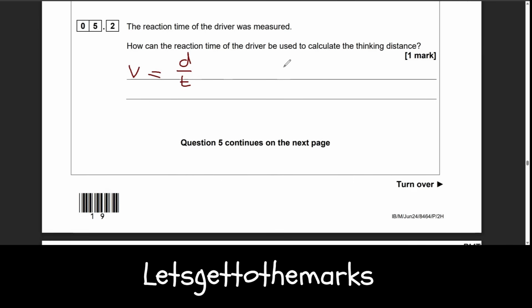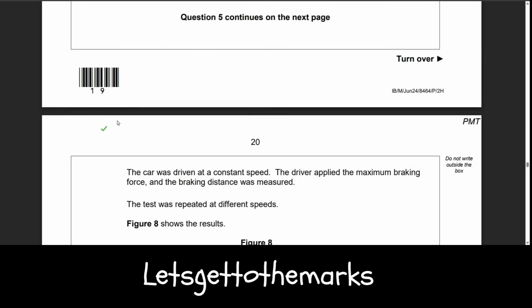So speed or velocity times time equals distance. So we multiply the reaction time by the speed, and we'll get the distance. All right, that's going to get us a mark.